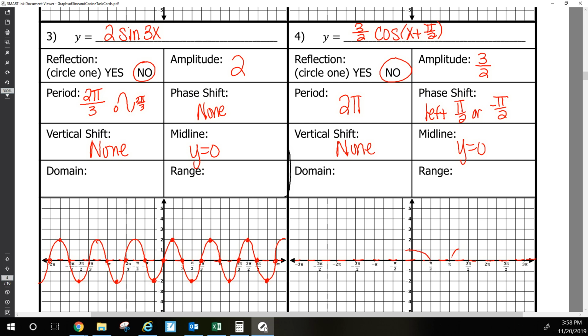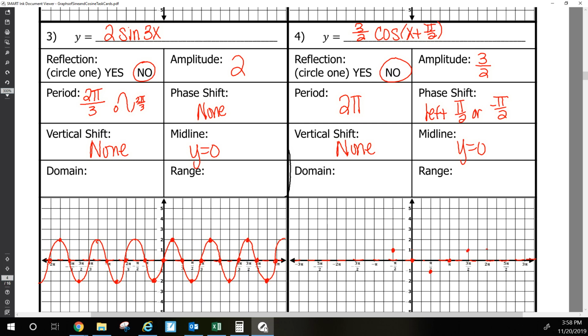It goes down, 0, something like that. But we're going to take this graph and shift it over so that this point that was at 0, 1 becomes negative pi over 2, 1. This point at pi over 2 is going to end up being here. This point over here would be here. That gives you an idea. And then we're back to our midpoint and back to our high point.